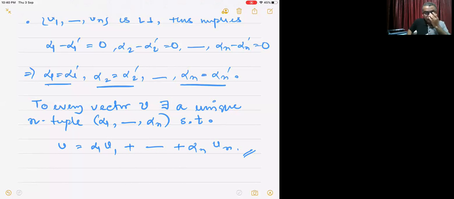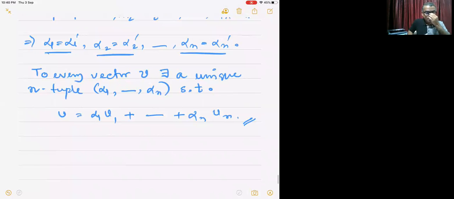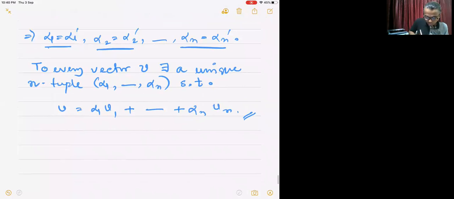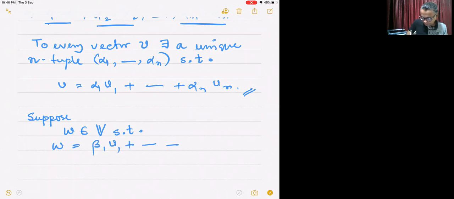Before we come back, let us observe two more very interesting facts about this thing. What is that? Suppose w is another arbitrary vector in V such that w is equal to beta 1 v1 plus ... up to beta n vn, right?